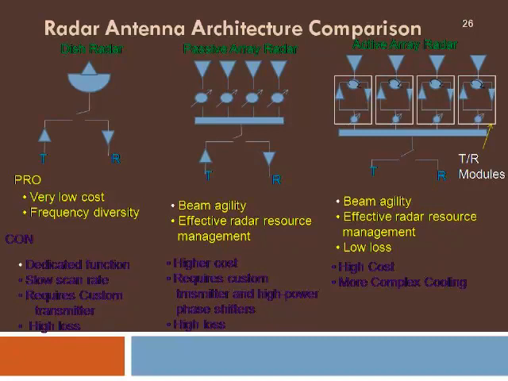Also there is low loss because the amplifiers and the antennas are connected back to back, and hence there is no transmission loss. But on the other side, the demerits are the high cost, and a more complex cooling mechanism is required because so many amplifiers are working in a very small size, hence the heating effect must be taken care of properly.